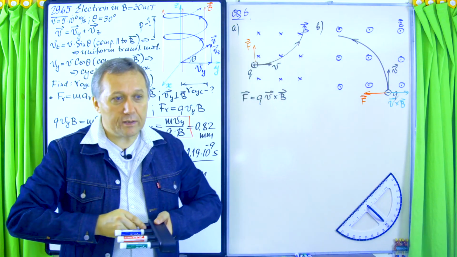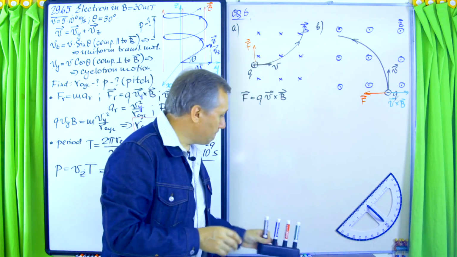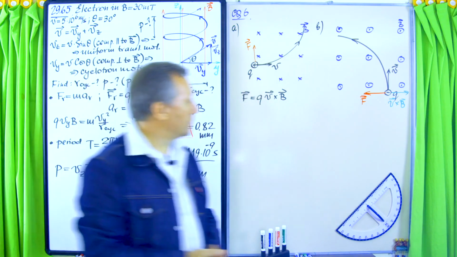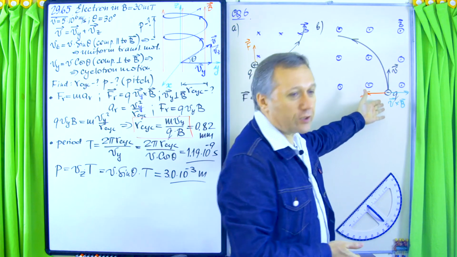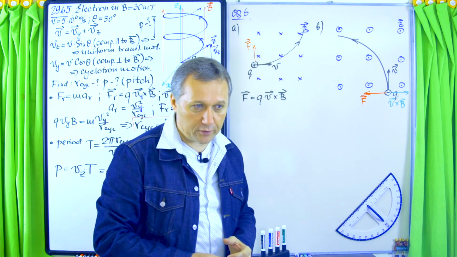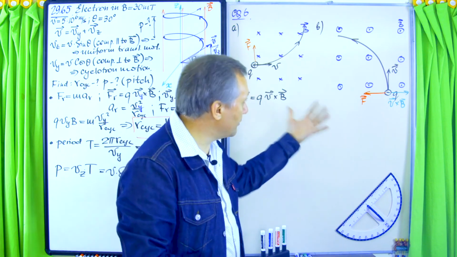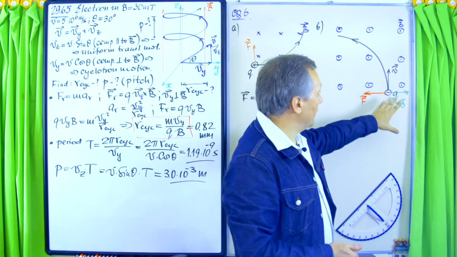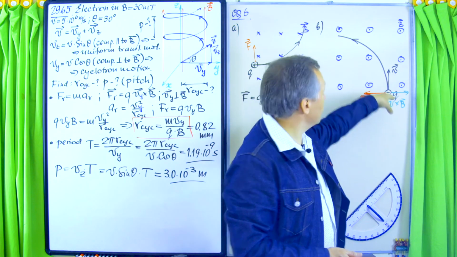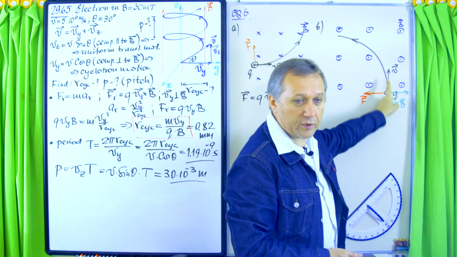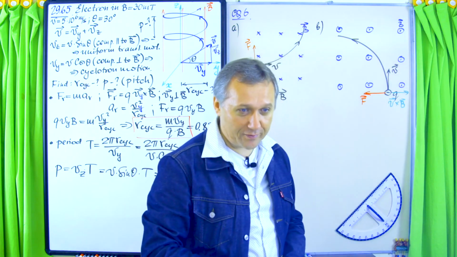Or, of course, as I said, it's possible to have a reverse situation. The question can be to extract information about the sign of the charge. Is it positive or negative, right? So in this case, the trajectory is given. Of course, you can get information about the velocity because it is all the time tangent to the trajectory.